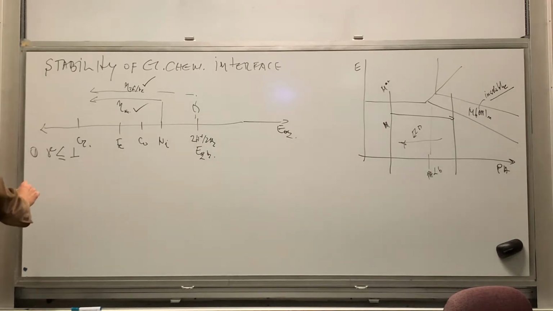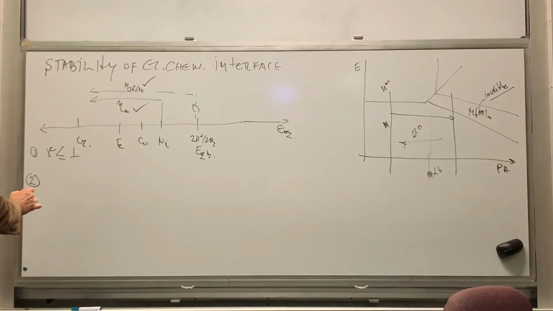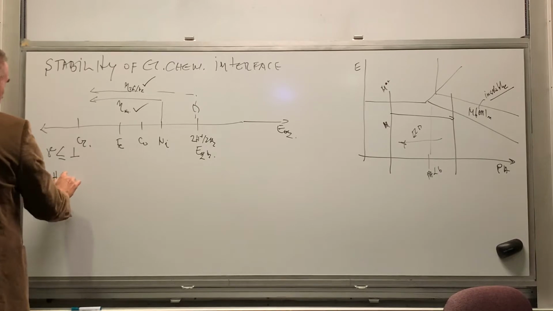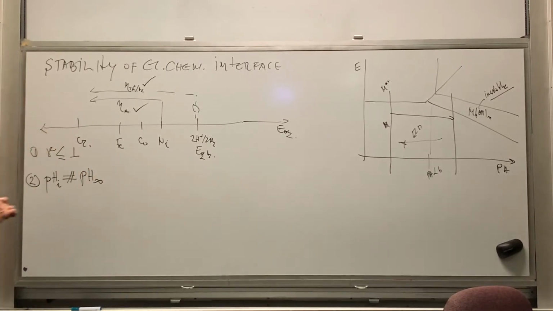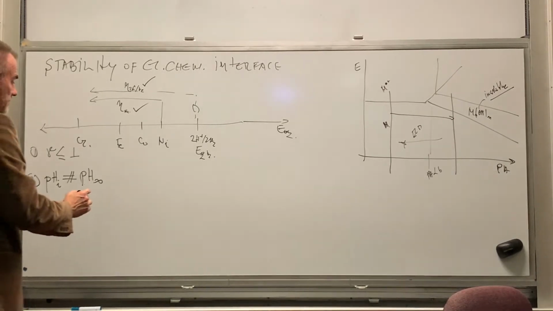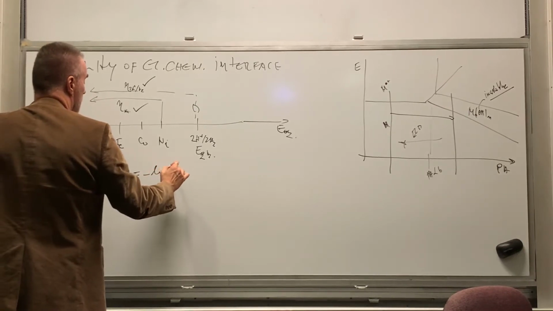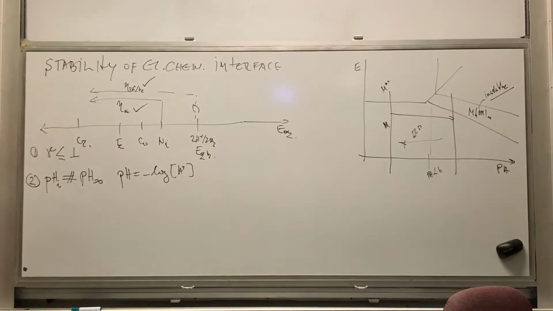Number 2, and I assume everybody is familiar with chemistry to a reasonable extent, the pH at the interface is not the same as the pH in the bulk. pH is the negative logarithm of the concentration of hydrogen ions in the solution.